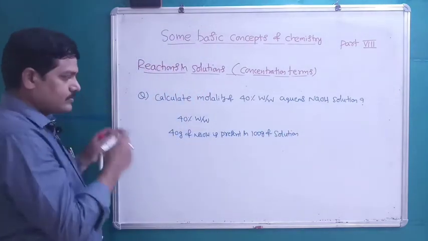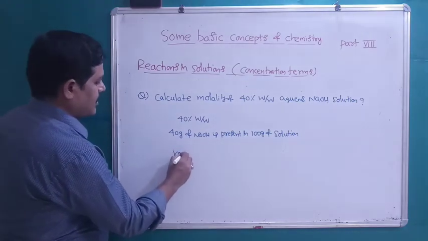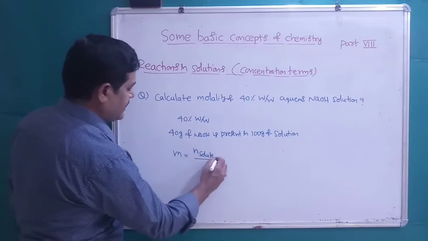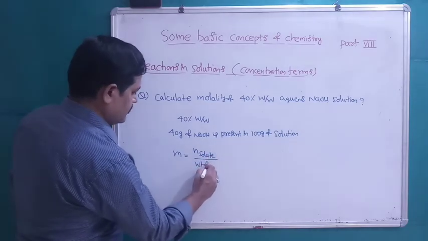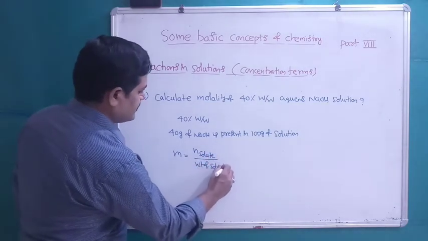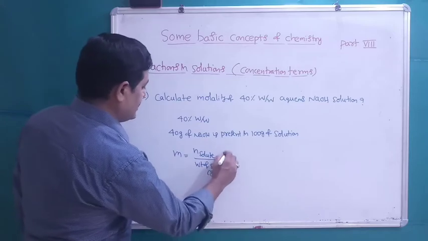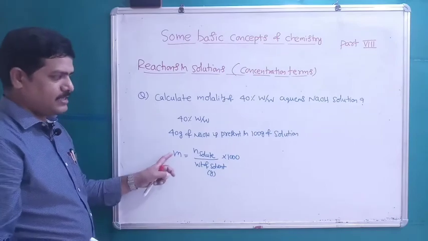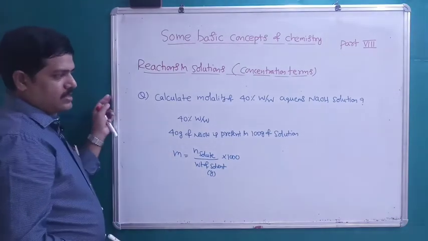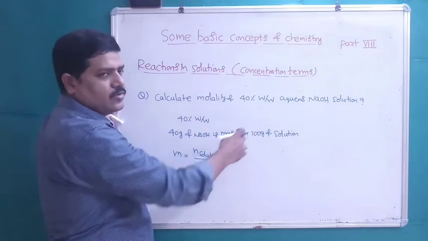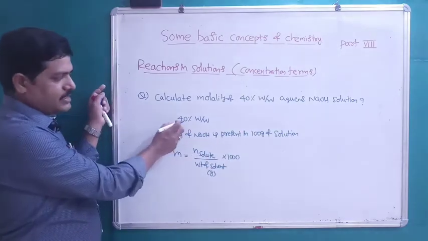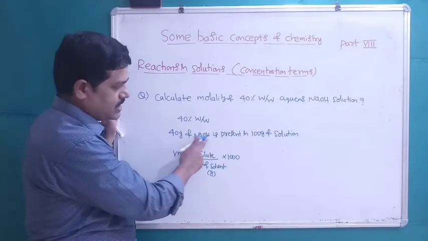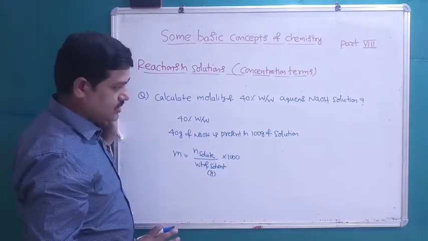So for the molality formula, molality is equal to number of moles of the solute divided by weight of the solvent in grams, multiplied by 1000. This is the formula to calculate molality, small m, right? The weight of the solution is known: 40 grams of NaOH is present in 100 grams of the solution.